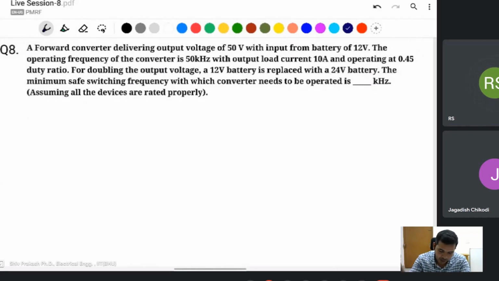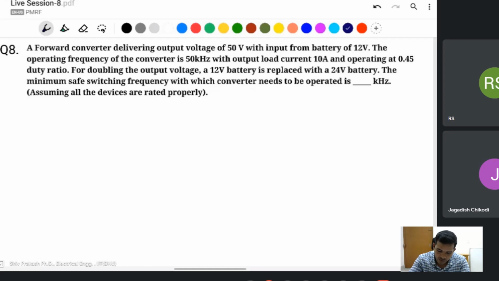Next question is given: a forward converter delivering an output voltage of 50 volt with the input from a 12 volt battery. The operating frequency of the converter is 50 kilohertz with an output load current of 10 ampere, operating at a 0.45 duty ratio. For doubling the output voltage, the 12 volt battery is replaced by a 24 volt one, which is double the input voltage.